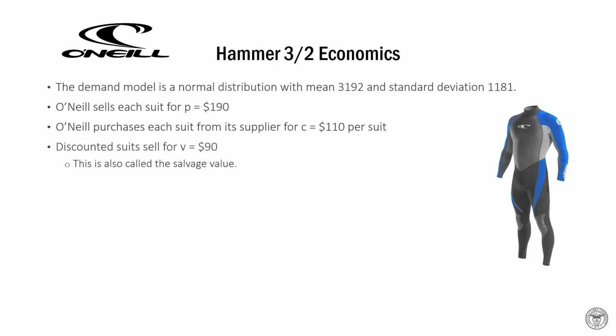At the end of the season, any leftover units are discounted and sold for $90, which we refer to as the salvage value. To discover the optimal order quantity, we must consider both the cost and potential profit. In this case, we apply the Newsvendor model, which allows us to weigh the cost of having leftover inventory against the lost sales opportunity cost when demand exceeds supply.